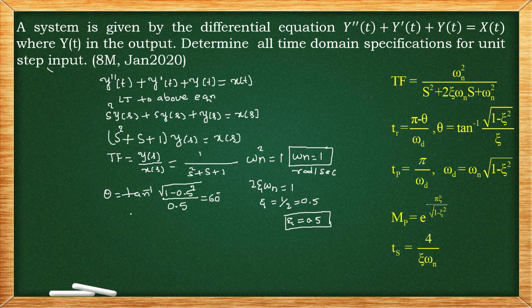Let us convert this into radians, that is 60 into pi divided by 180, which is equal to 1.0472 radians.